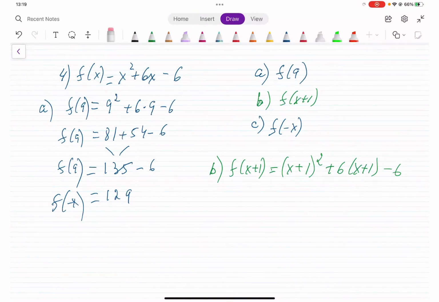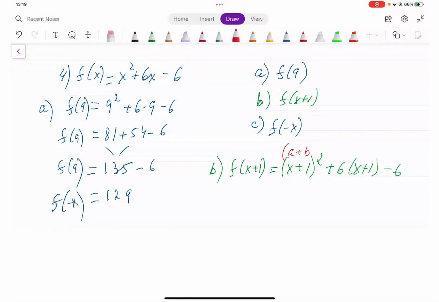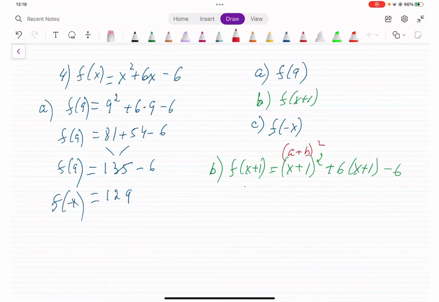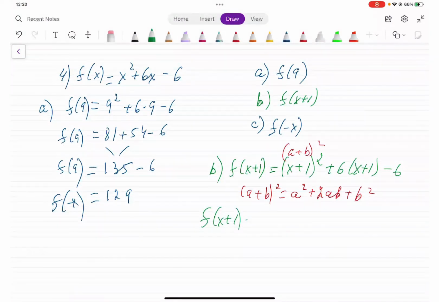It's a formula like a plus b squared, and a plus b squared is equal to a squared plus 2ab plus b squared. Remember? So let me write down f of x plus 1 is equal.